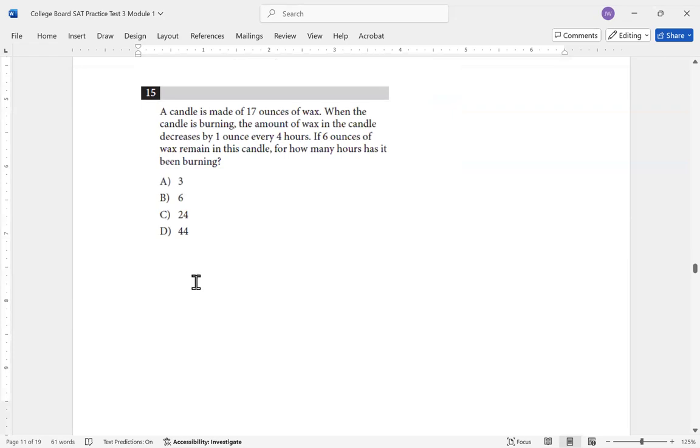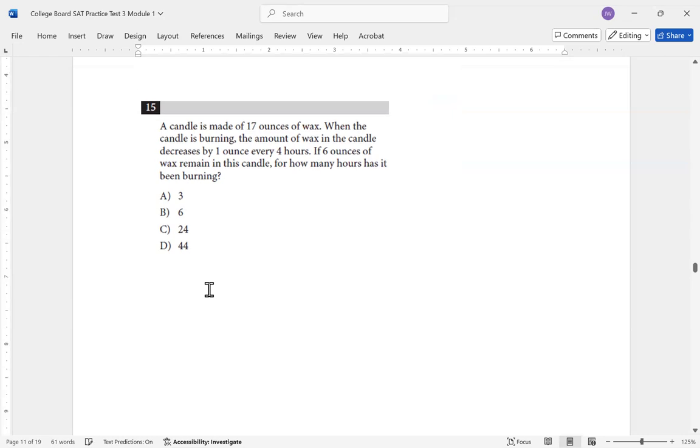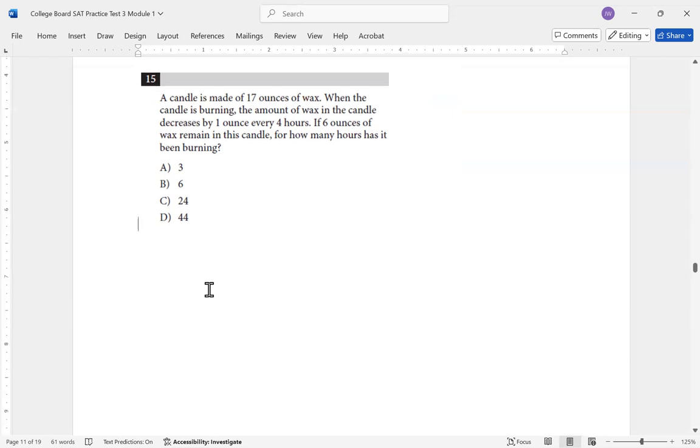Question 15 says, a candle is made of 17 ounces of wax. When the candle is burning, the amount of wax in the candle decreases by 1 ounce every 4 hours. If 6 ounces of the wax remain in this candle, how many hours has it been burning?